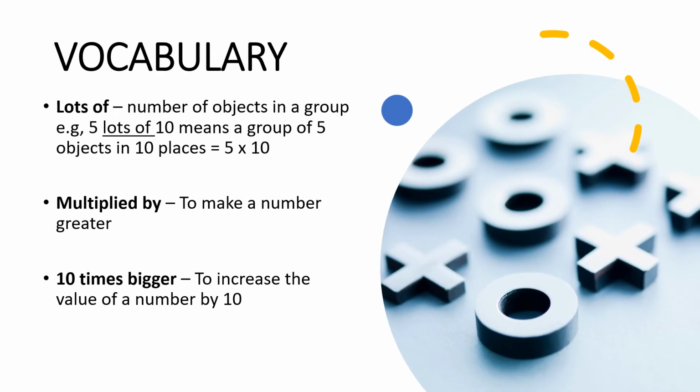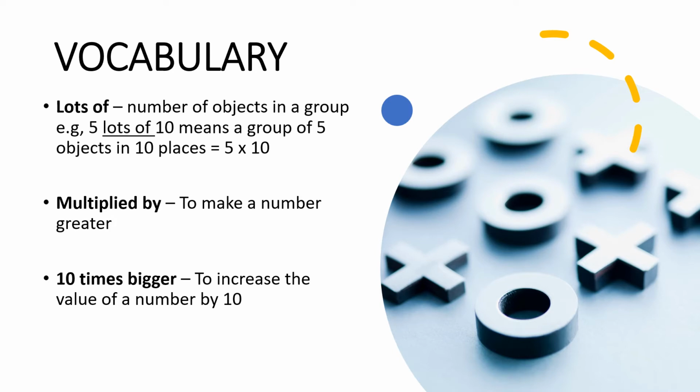Today's vocabulary will be saying words like "lots of." Can you say that after me, please? Lots of. Well, that means a number of objects in a group. For example, 5 lots of 10 means a group of 5 objects in 10 different places.